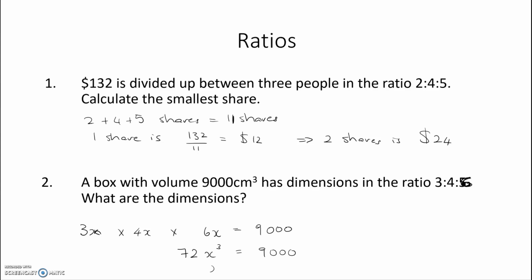So x cubed is going to be 9,000 divided by 72, which is 125. So x is going to be 5, which means then the dimensions are 3 times 5, 4 times 5, and 6 times 5. So 15, 20, and 30 are the dimensions of that particular box.